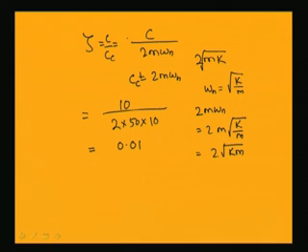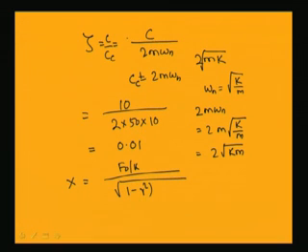So, the system response x will be equal to f0 by k, divided by root over 1 minus r square whole square plus 2 zeta r whole square.